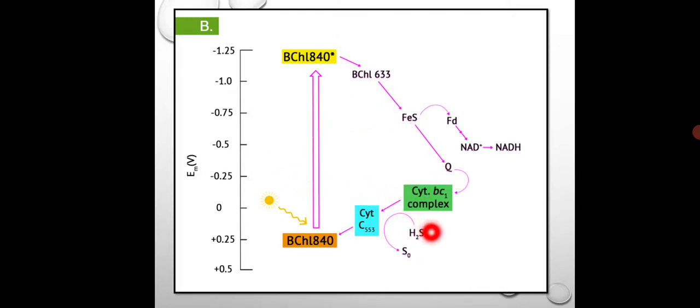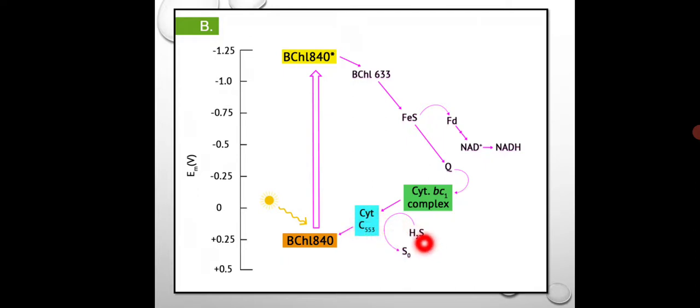So here H2S is providing electrons. Okay, H2S is providing electrons to reduce NAD+ into NADH. Even ferredoxin is sufficient to reduce NAD into NADH, plus this hydrogen sulfide is also providing electrons to reduce NAD into NADH. Okay, and then it is converted into the sulfate ion.